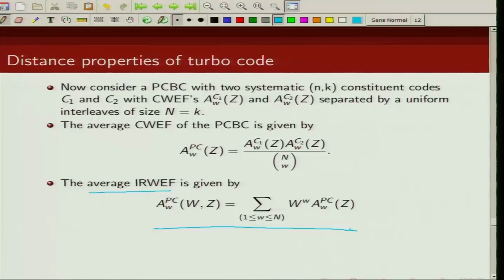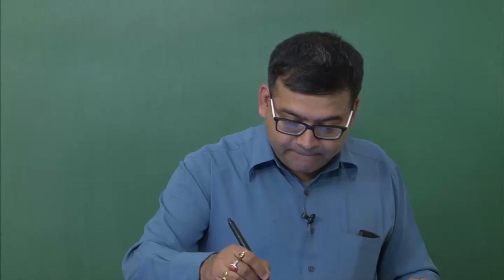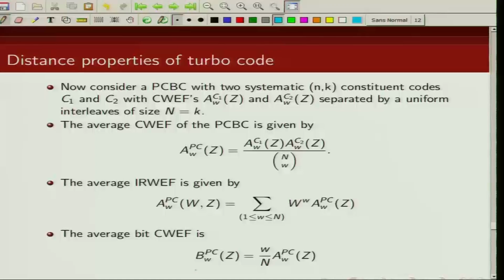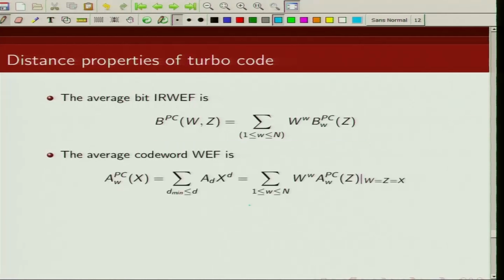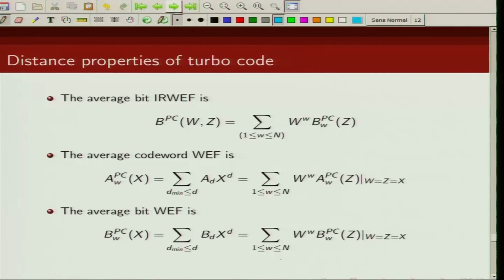Please note, these are straightforward extensions of the definitions that we studied when we talked about the weight enumerating function of convolutional codes. We can define the bit conditional weight enumerating function, average bit input redundancy weight enumerating function, average code word weight enumerating function, and average bit weight enumerating function.